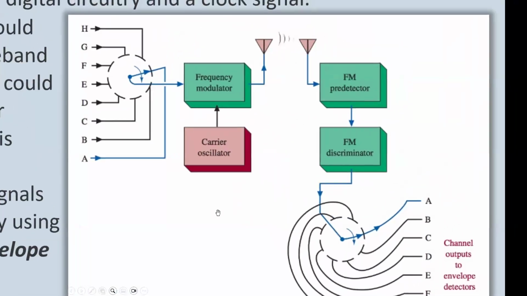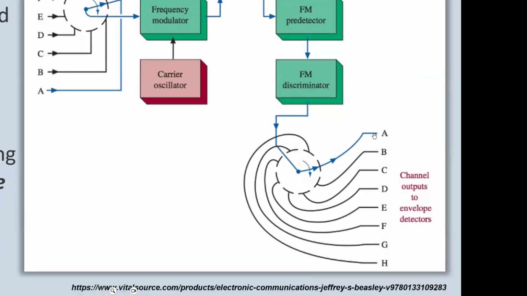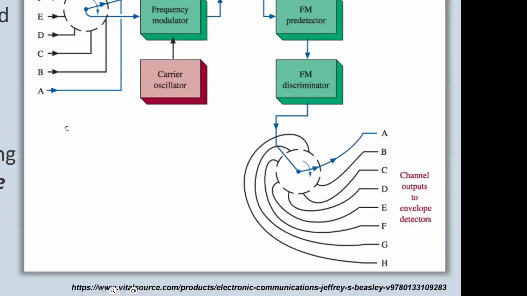So you could have 1, 2, 3, 4, 5, 6, 7, 8, let's say, voice channels, and you could have 8 separate transmitting and listening channels. Let's say this person is talking on the phone here, person B, connected to person B on that.